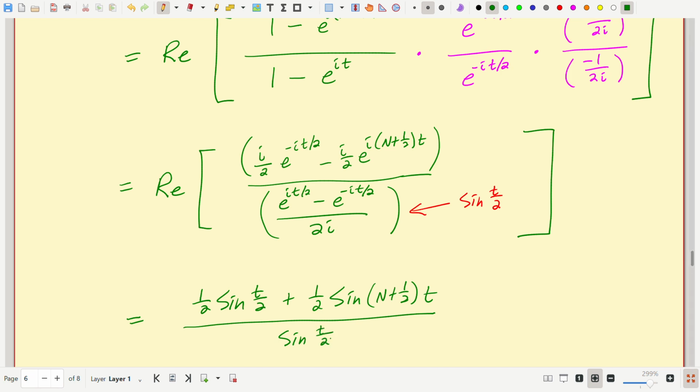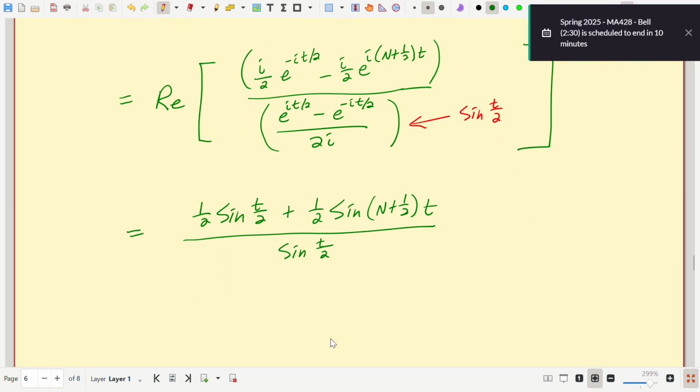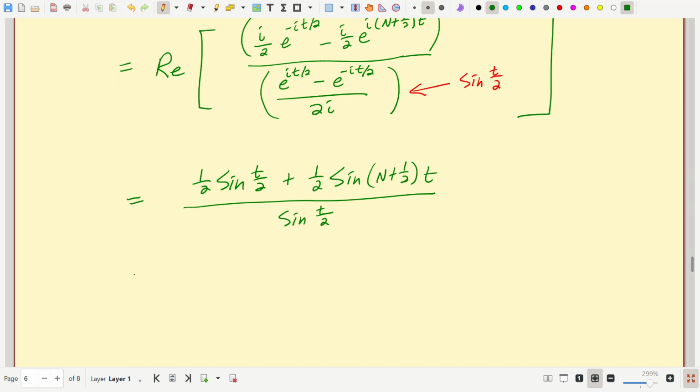So I would write out that top and collect the real and imaginary parts and realize it's not as ugly as it looks. Well, that sine t over 2 cancels there, and it looks like I'm getting close to the famous Dirichlet formula. 1/2 plus 1/2 times the thing I'm shooting for.